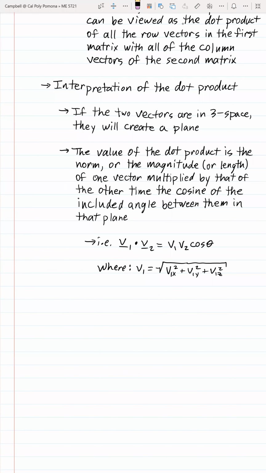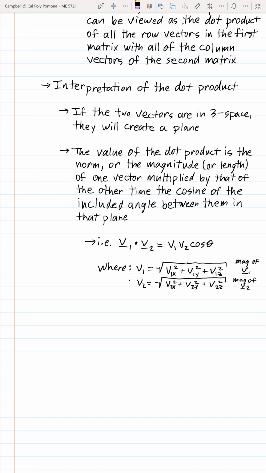And this is the magnitude of the vector V1. V2 is essentially the same thing, but now just for vector 2: V2x squared plus V2y squared plus V2z squared. And this is simply the magnitude of V2.